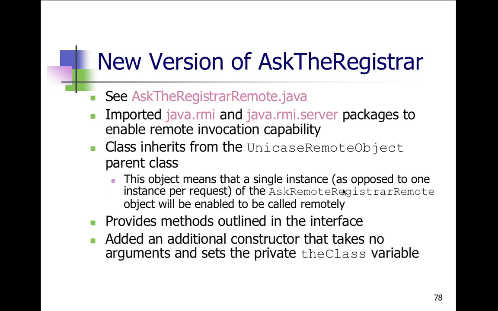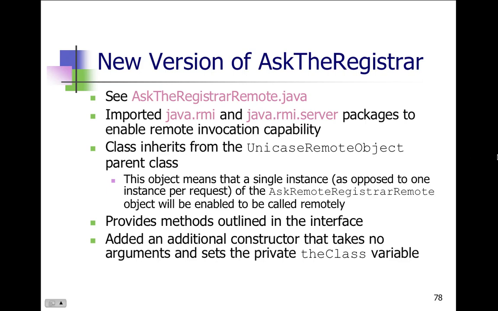The remote register remote object will be enabled to be called remotely instead of locally. If you don't do this one step, you end up with an object that works fine, but when you start up the server, no instance is actually created.